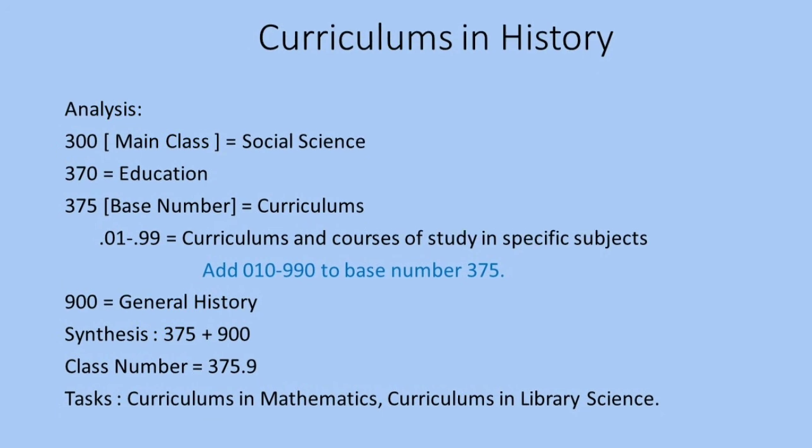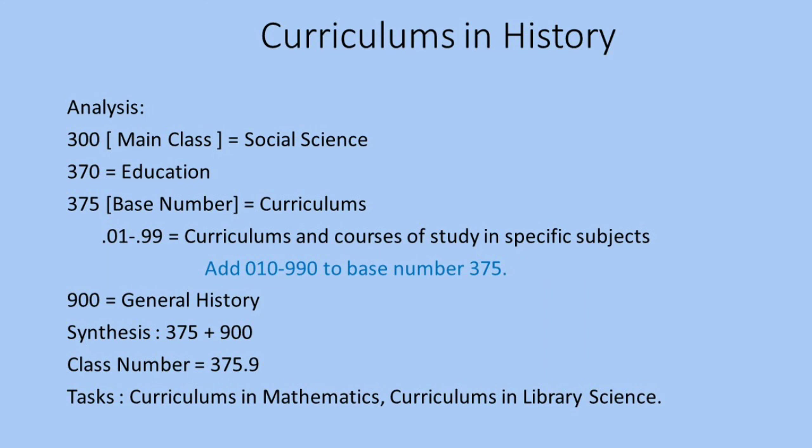And under this notation there is the instruction I have written: add 010 dash 990 to base number 375. 375 will be our base number, and we can add the subject from here. So our subject is history, okay, curriculum in history.